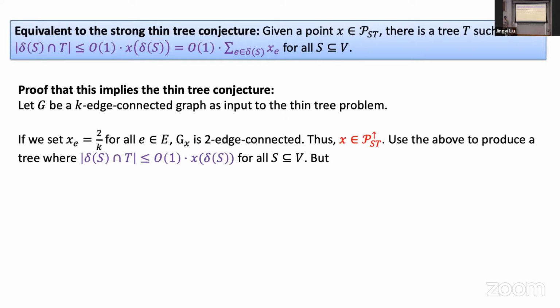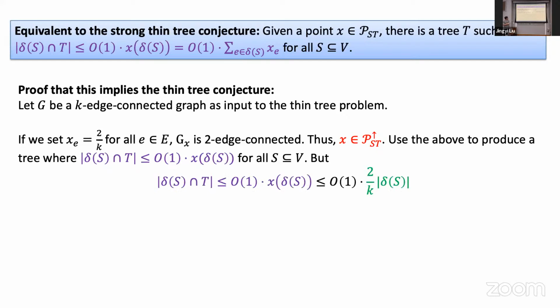Then I'm going to set x_e to be 2 over k for every edge in this graph. So I went from k-edge connectivity, and now under this weight vector x, I get 2-edge connectivity, right? So we're in the dominant of this polytope. But now apply this pseudo theorem, this thing we're supposing is true, and produce a tree where on every cut you have at most order 1 times the x value of edges crossing that cut.